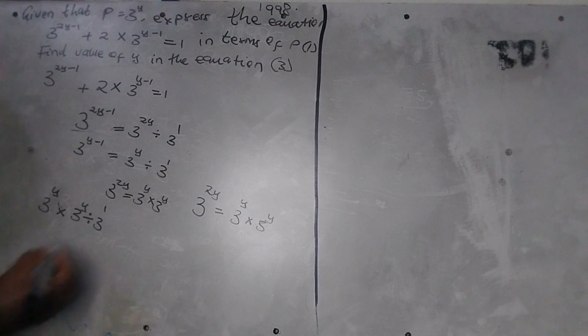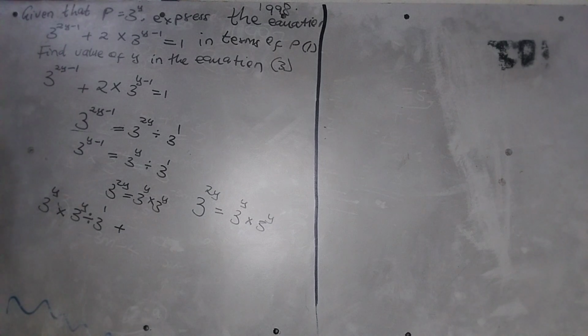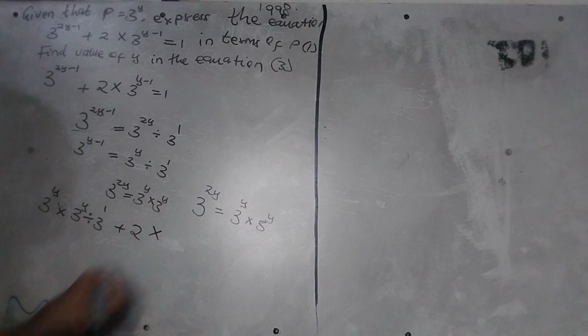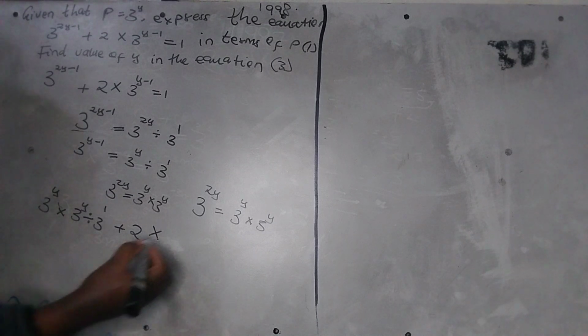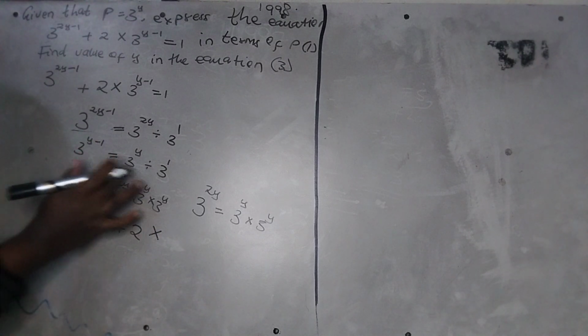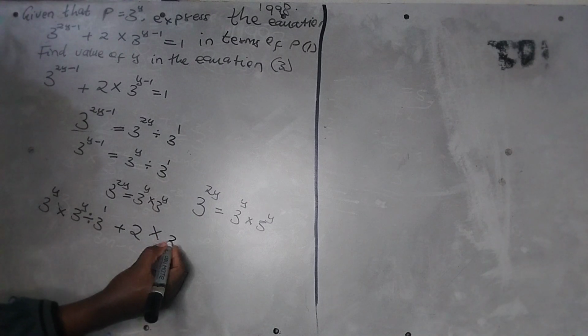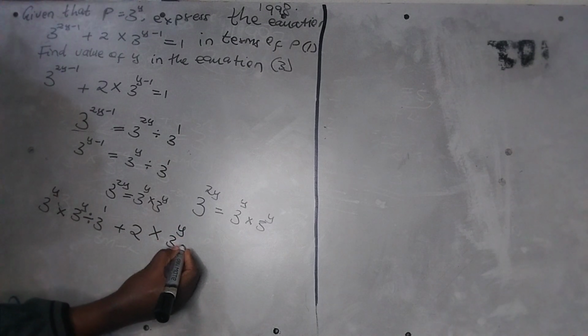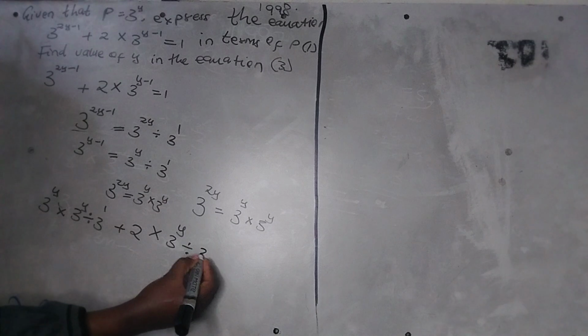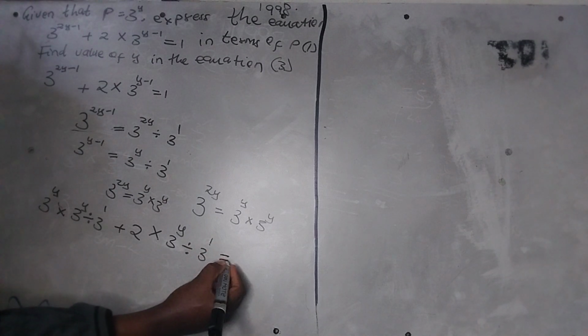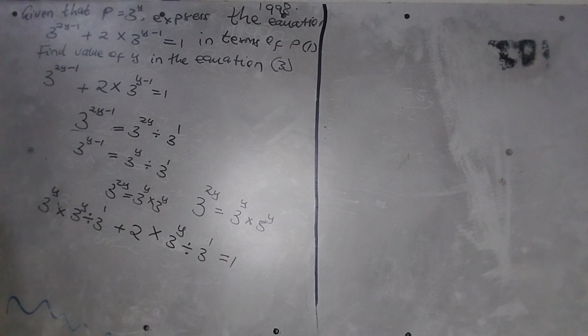That is part 1, okay? Plus 2 times the 3 to power y minus 1, which was elaborated further and said to be 3 to power y divided by 3 to power 1. Now in our equation, we have 3 to power y's, and we have been told to use P to represent 3 to power y.